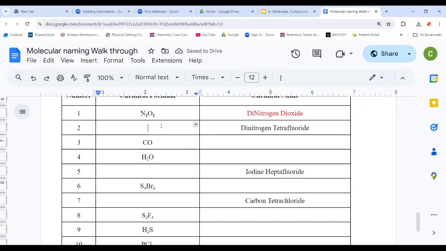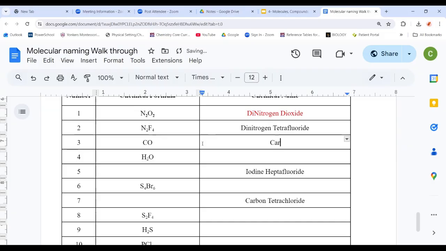Okay, dinitrogen means that you have 2 nitrogen. Tetrafluoride means you have 4 fluorine. And on the computer, I can make these subscripts. So it's really important that you do write them as subscripts and superscripts, depending on what you're writing. So super means that you're putting it up high, sub means you're putting it down low.